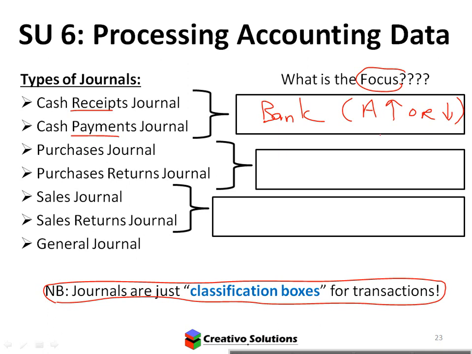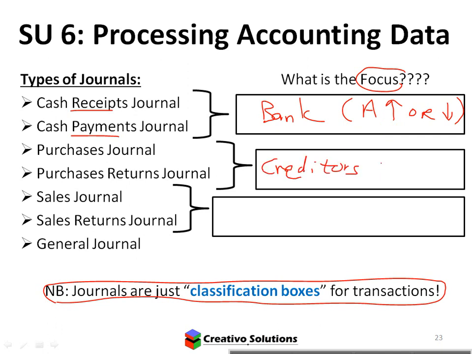You do get different journals. You get purchases journals and purchase returns journals. If I'm looking at a purchases journal, who am I dealing with? Debtors or creditors? Think about it. Who do you buy from? A creditor. There's the focus.